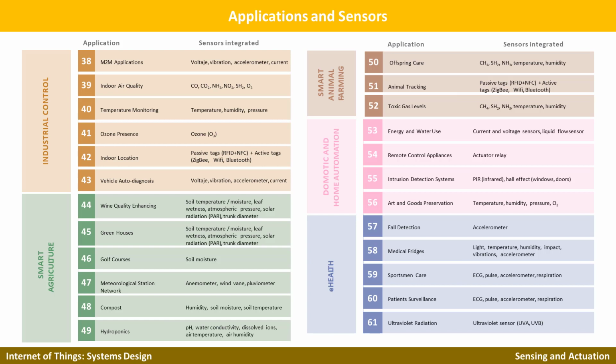When you are developing your own IoT application, for example smart lighting, you need to go to the marketplace and decide on the specific sensor with specific characteristics that you want to integrate into your application. There's no universal sensor. Even under the category of light, there's no universal sensor. So you need to pick the sensor with the characteristics that you need for your application. This is for you to understand the broad picture of IoT application development from the sensors point of view. Please take your time and go through this sensor list.